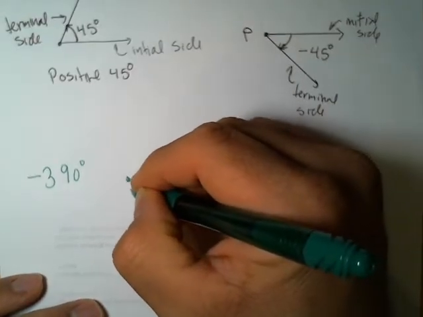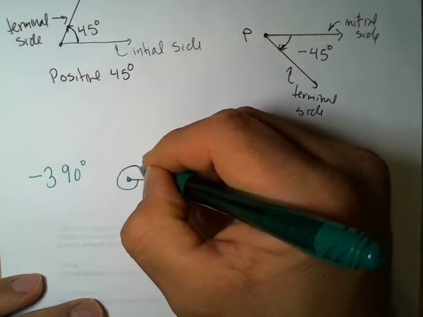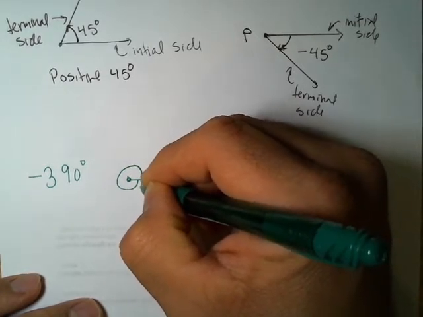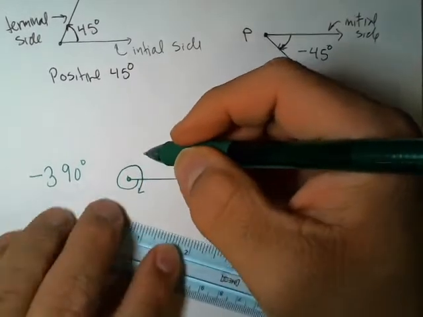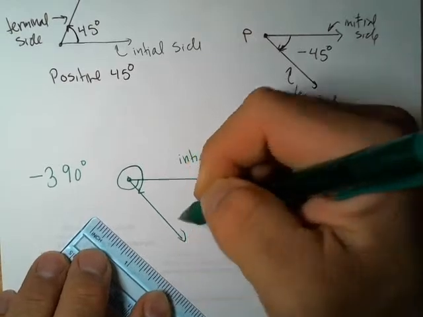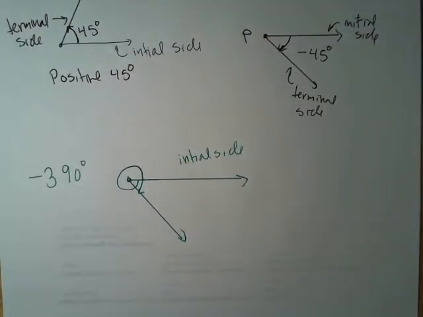One full revolution I know is 360, so that means there's 30 more to go. That'll be somewhere right there, and that will be the terminal side. That's how we would draw something that is greater than 360. Again, it's oriented, so as long as we know the initial side, we know what direction we should draw the angles.